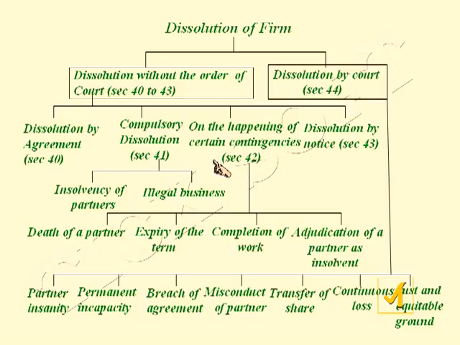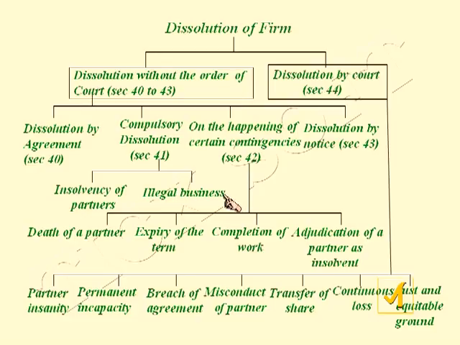Section 40, dissolution by agreement, has no subclassification, but the second one, compulsory dissolution, section 41, has two further classifications. Compulsory dissolution is made due to insolvency of all partners, or in case of illegal business. In that case, it comes under compulsory dissolution, compulsory closing of the business.